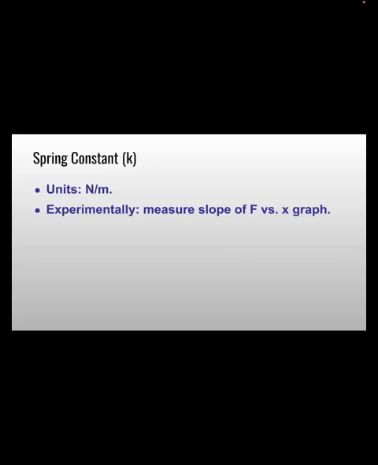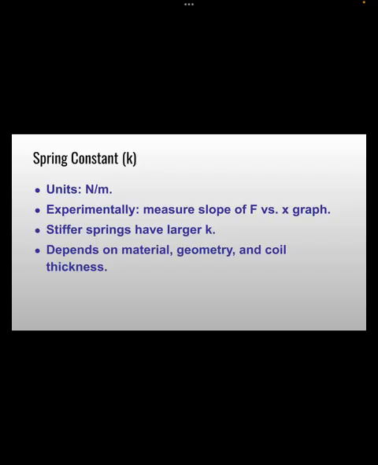The spring constant tells us how easy or how difficult it is to stretch a spring, which means that the larger the k, the larger the constant, the more difficult it is to stretch or compress the spring. And as I mentioned before, the spring constant depends on the material, the geometry, the number of coils, etc.